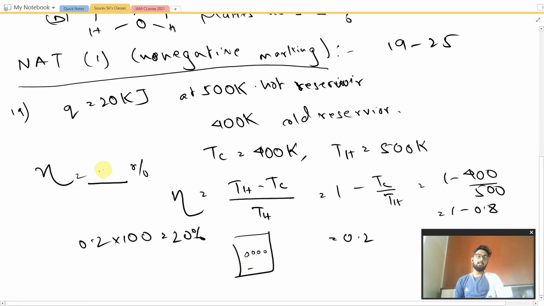Here you have to write 20 as the correct answer. So you will click on 2 and 0, and you will see that 20 is filled up in the dash. This is how we attempt the NAT questions, and in this case 20% would be the correct answer. Moving on to the next question.